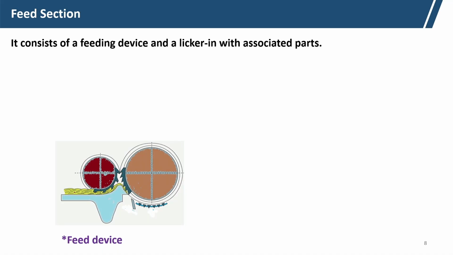Here this yellow colored one is a feed bat. So, fiber bat, it is coming from the chute feed or maybe from the earlier system it was a lap.